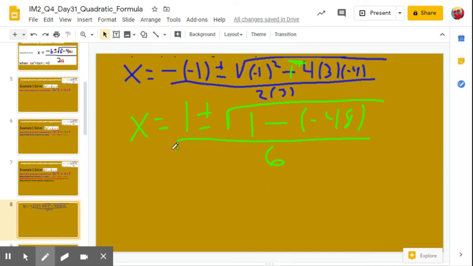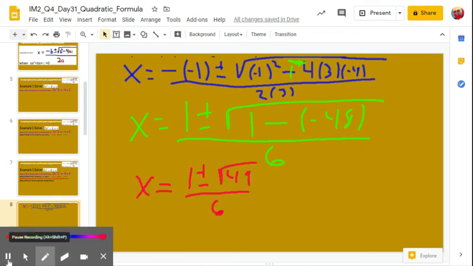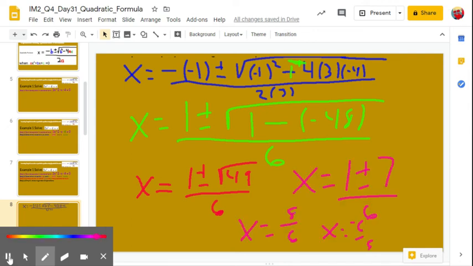All right, so now we have 1 plus or minus square root of 1 minus -48 all over 6 because 2 times 3 was the 6. So now we get x equals 1 plus minus the square root of 49 all over 6. So the square root of 49 is a nice perfect square, so this is going to come out pretty for this example.